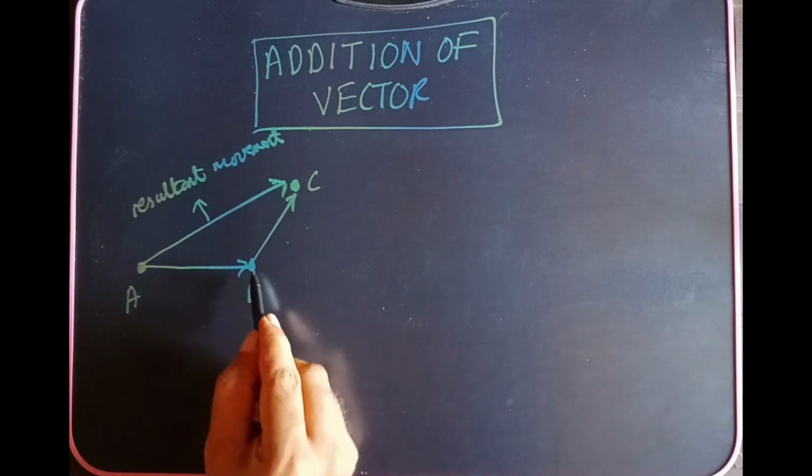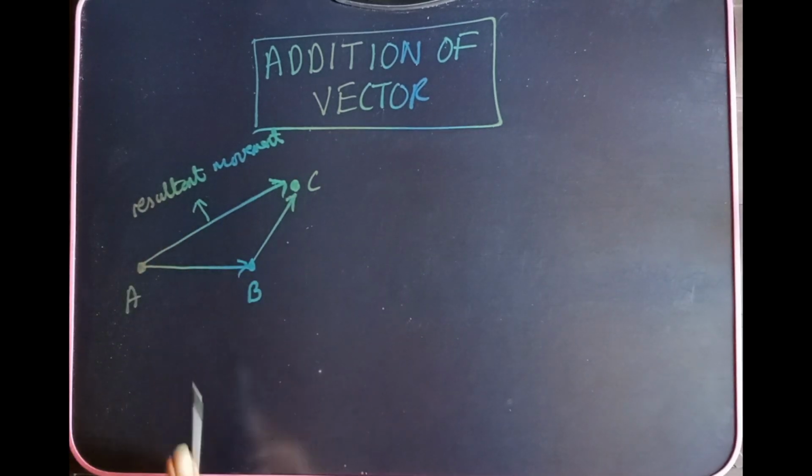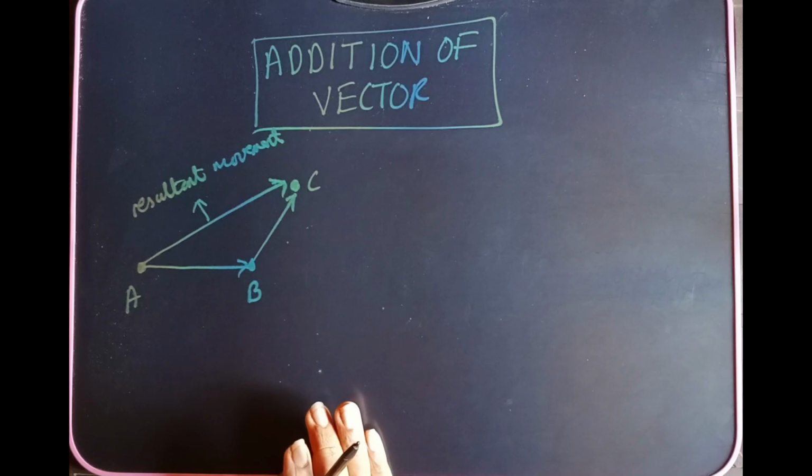It moved from A to B, B to C. This is the resultant movement from A to C.